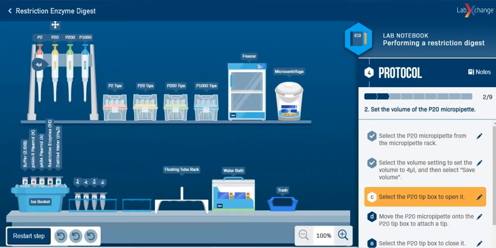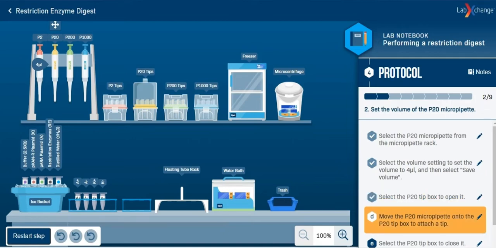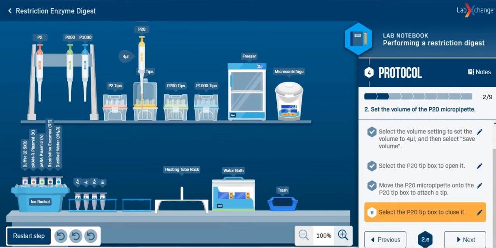Next, select the P20 tip box to open it. And then move the P20 micropipette onto P20 tip box to attach a tip. Close the P20 tip box.